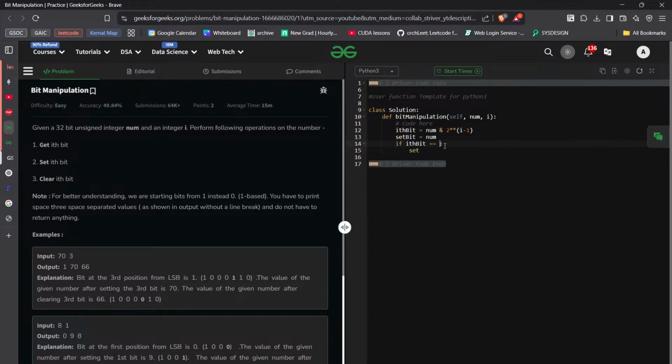But if the ith bit is equal to 0, then I'll add something to the number, plus equals, because we are increasing the number by the ith bit, so 2 raised to i minus 1.